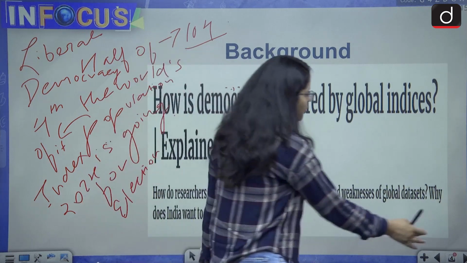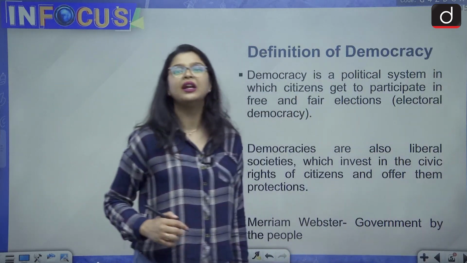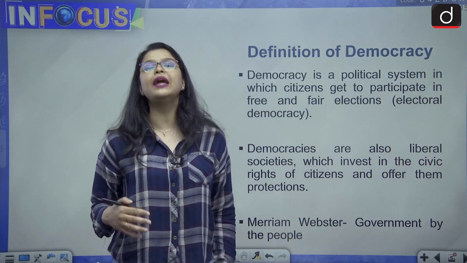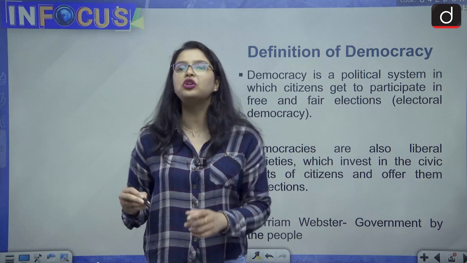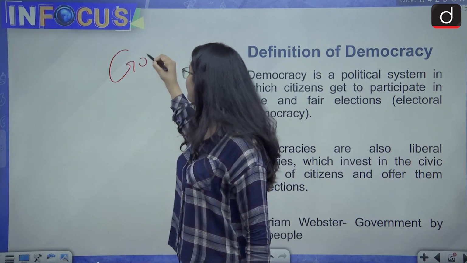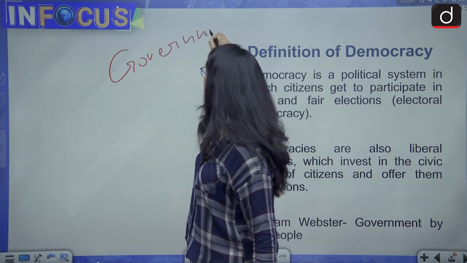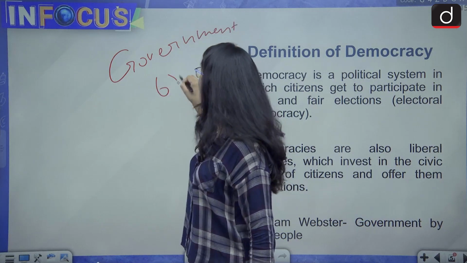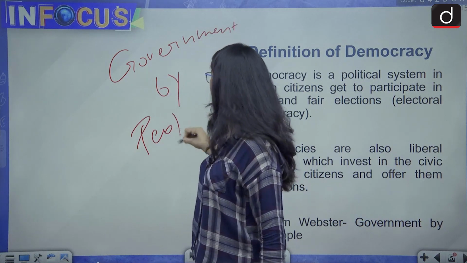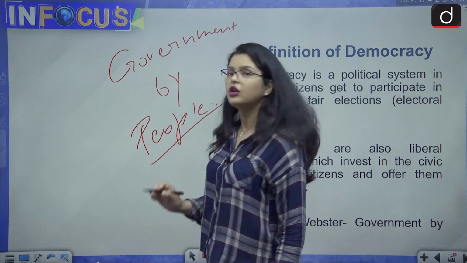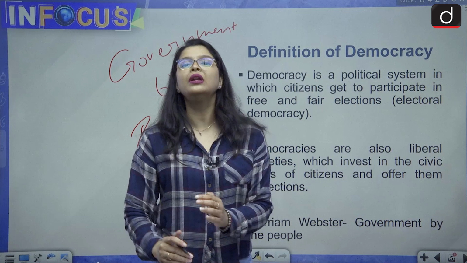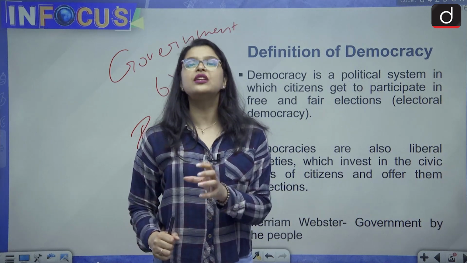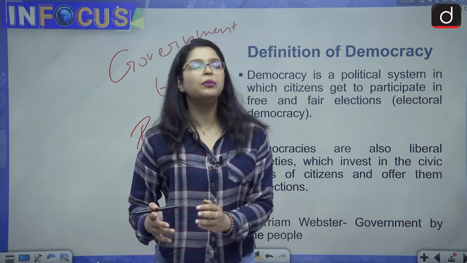So moving to the important point of our today's discussion, what do we understand by democracy? In simple terms, democracy is the government by people. In democracy, people have a right to choose their own representatives, and that is why it is known as democracy.